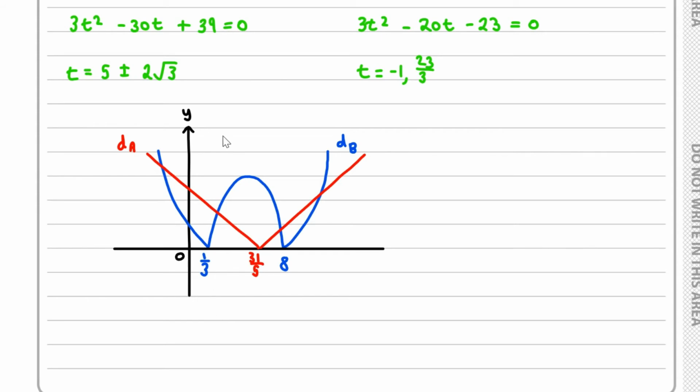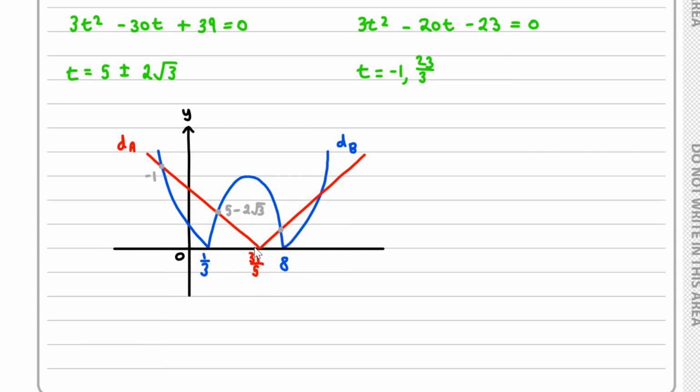Now if we show our critical values, well, we have 4 points over here. This point over here would correspond to the minus 1. This point over here would correspond to the 5 minus 2 root 3.